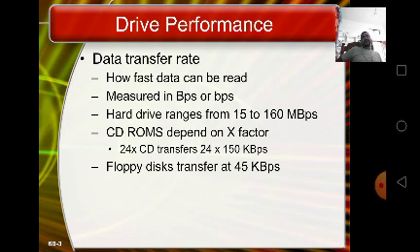Diskette drives average about 45 kbps. Removable hard disks range from about 1.25 Mbps up into the hard disk range.